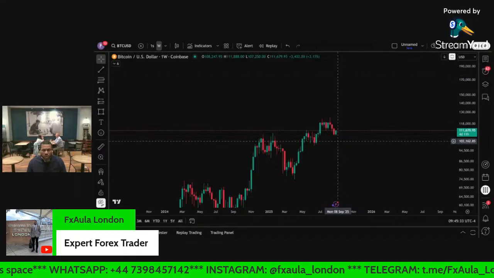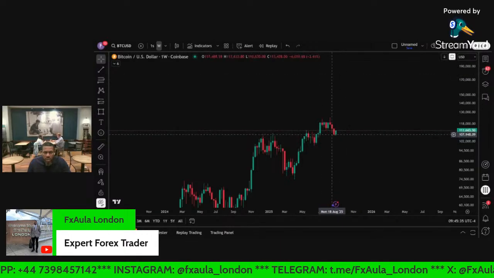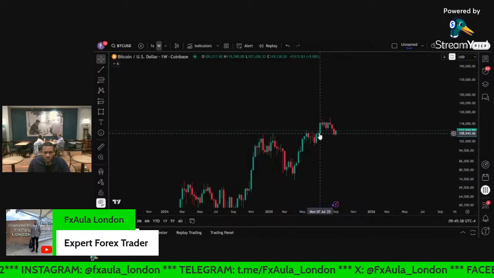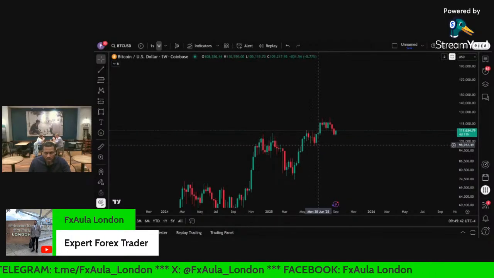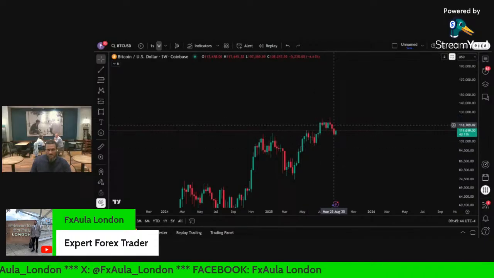Now price may want to continue higher from here. And this is like a rectangle space. So when price goes higher, it comes back up.